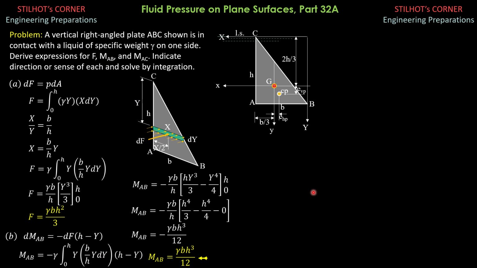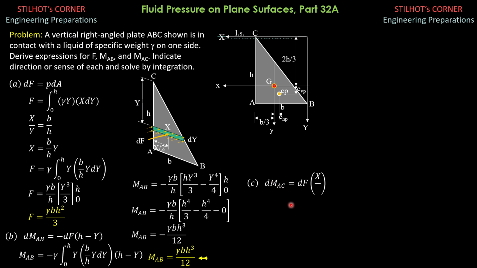So how about the moment about this vertical axis? Moment about this vertical axis is the integral of dF, moment arm x over 2. Because this is rectangular, the pressure diagram is also rectangular. Naturally, the centroid of the rectangular pressure diagram would be x over 2 from that left edge.